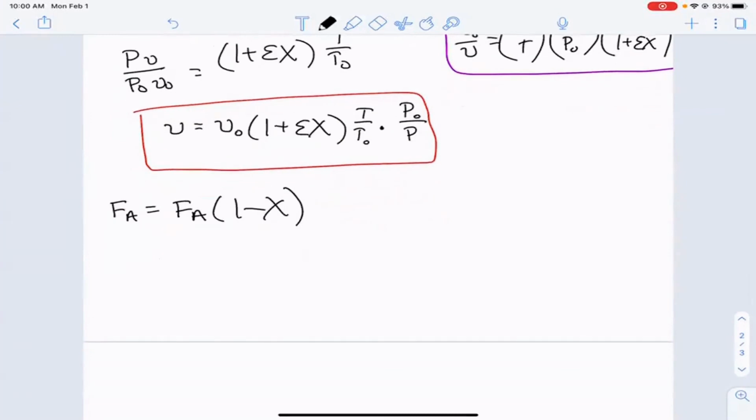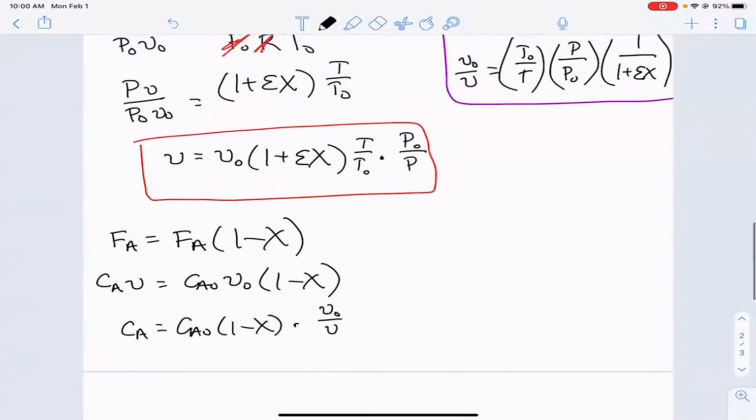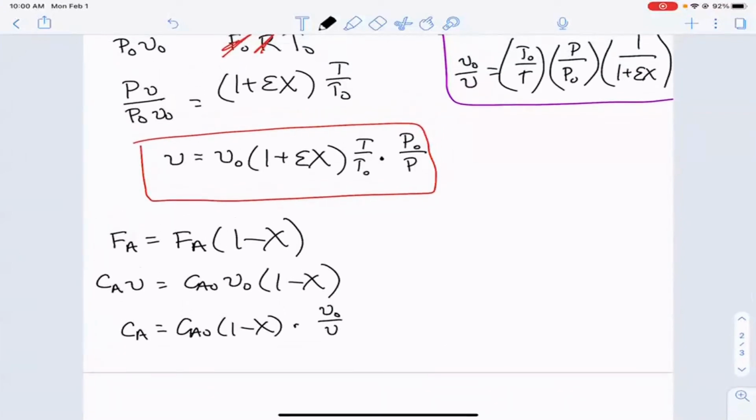And we're going to make the same substitution we made above, of course. This is just Ca times the volumetric flow rate is equal to Ca0 V0 times 1 minus the conversion. Well, that means then that Ca, if our volumetric flow rate is not the same, equals Ca0 times 1 minus x times V0 over V. And now you can see why above we actually wanted the ratio between those two volumetric flow rates.